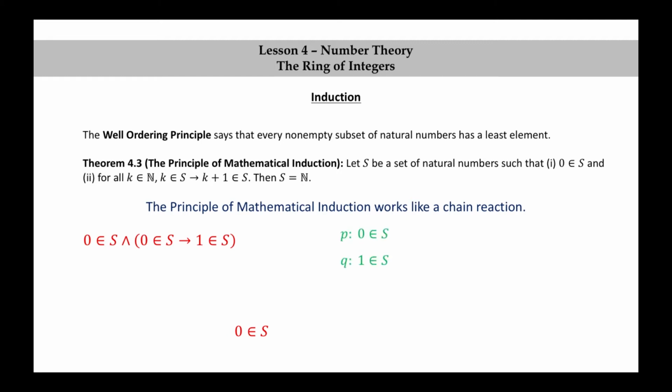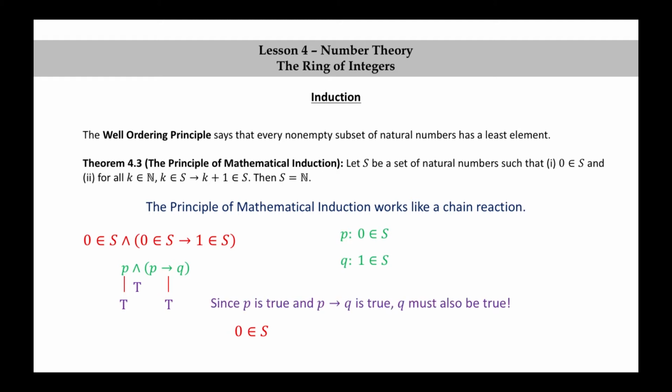So if we let P be the statement 0 is in S and Q the statement 1 is in S, then we have P and P implies Q is a true statement. So I'll put a T under the conjunction symbol to indicate that this statement is true. And remember that a conjunction is true means that both statements are true. So P is true and P implies Q is true.